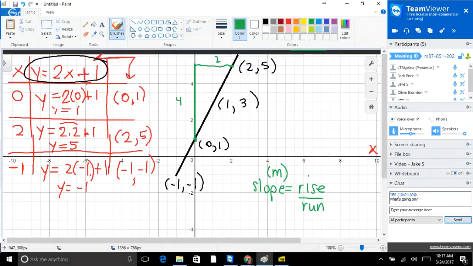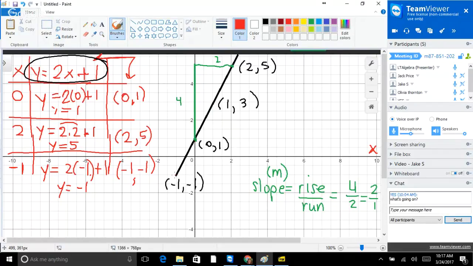Okay, so my slope of this line is the rise over the run. For every 4 units I rise, I run 2 units, or I have a slope of 2 over 1. And so that means anywhere on this equation, so like say I start down here at -1, 1.